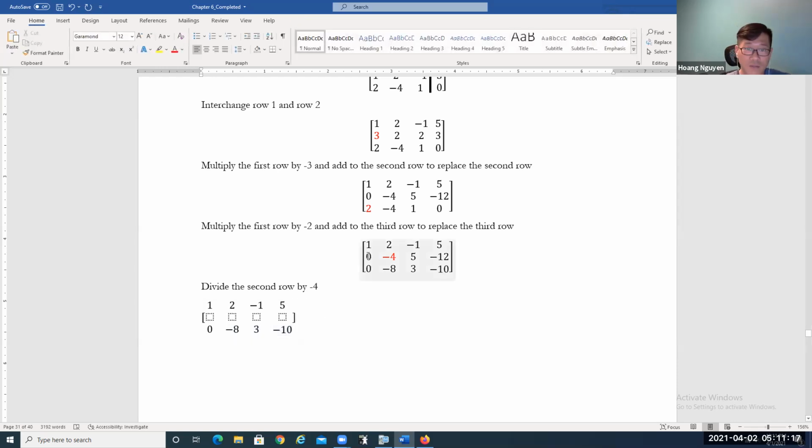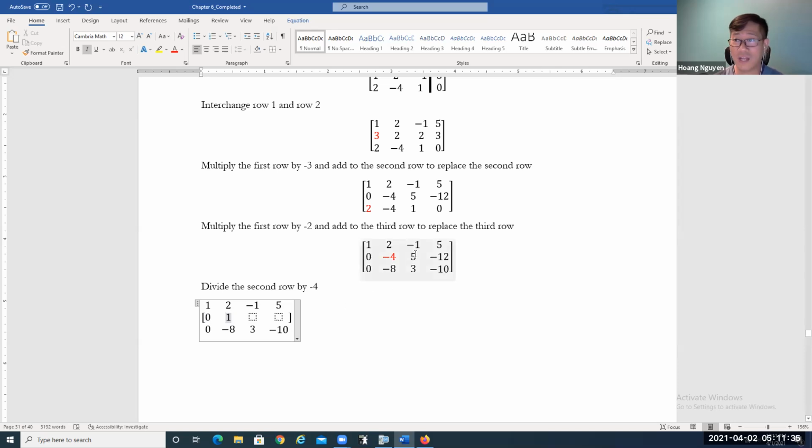Okay. So now on the second row, we divide all of the elements by -4. 0 divided by -4 is still 0. -4 divided by -4 gives you +1.